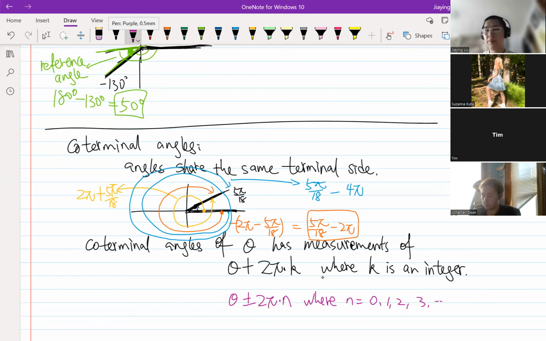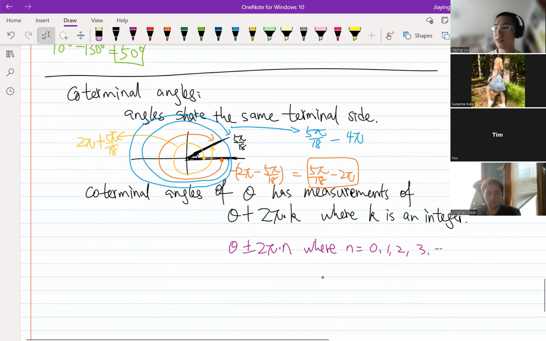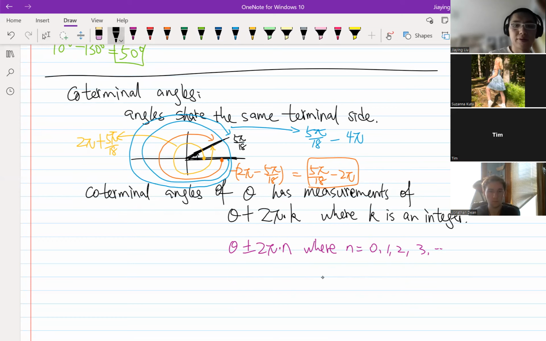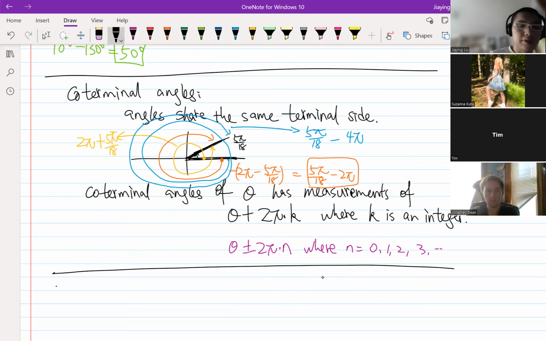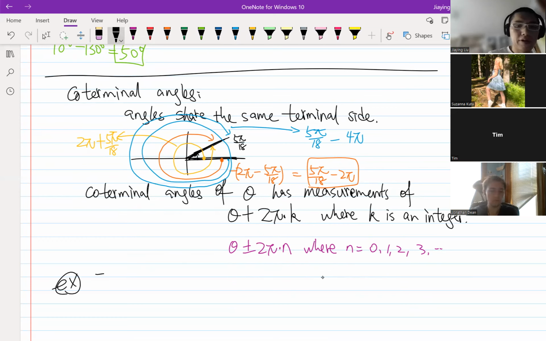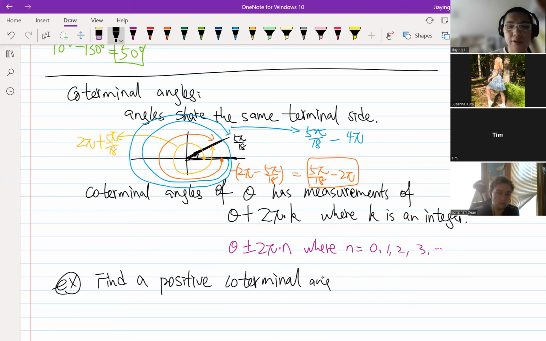All right, here's a couple examples we can look at. Example: find a positive coterminal angle of negative 130 degrees in radians.